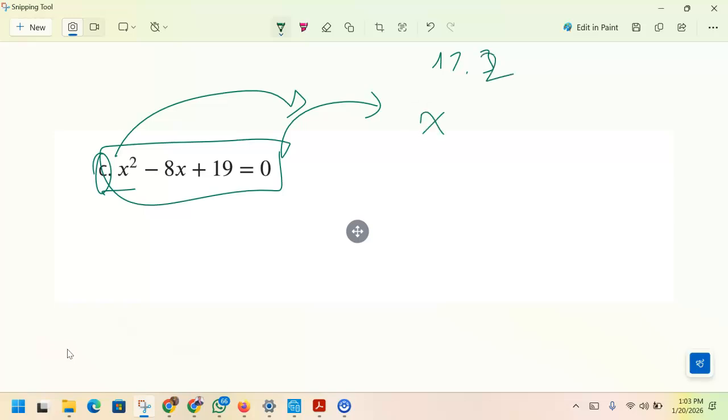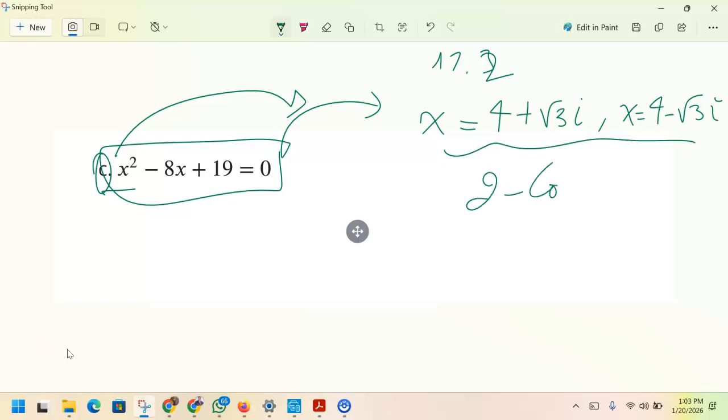You will see the answer we got is x equals 4 plus root 3 i, and the other one is x equals 4 minus root 3 i. So you had an i there. So these are called two complex solutions. That's all they are asking you to write. Two complex solutions. You're done.